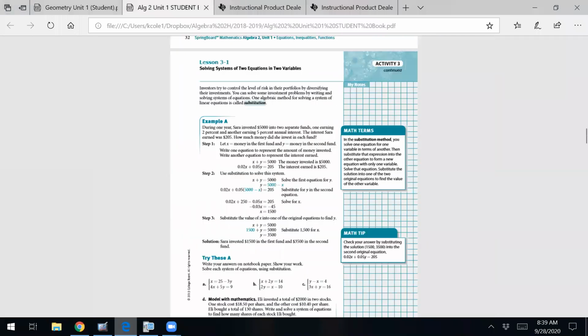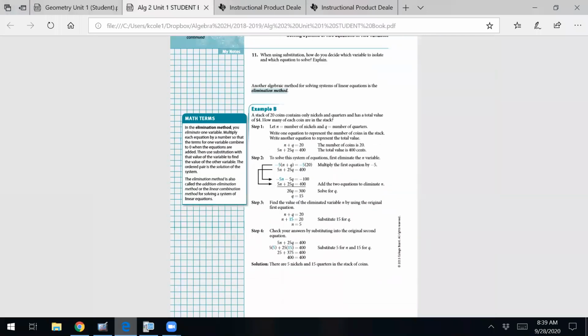All right, so what are the other methods that you've already learned? Graphing and substitution. Okay, so those are the methods that we have already learned and mastered. So that is going to be where we're continuing to go.